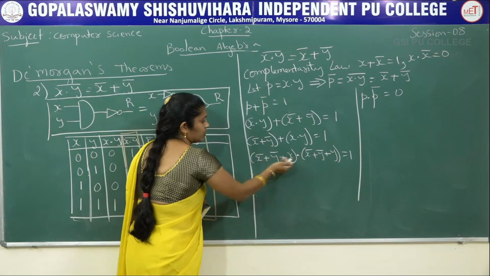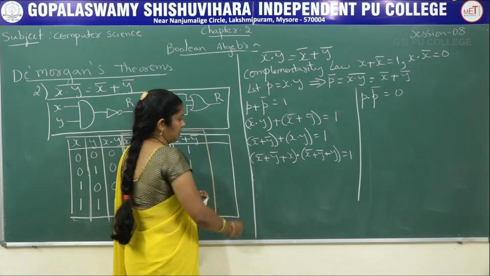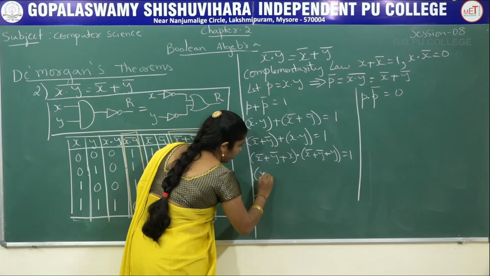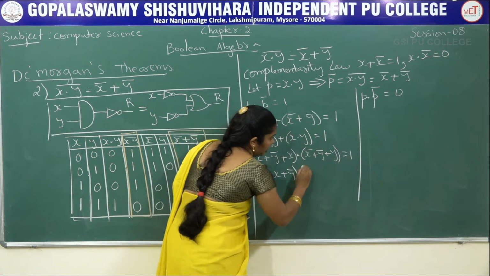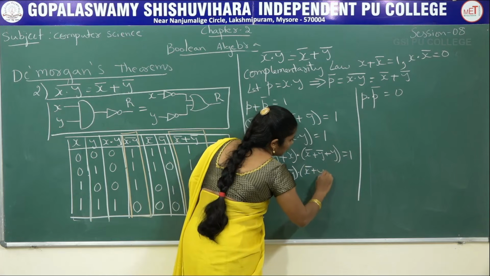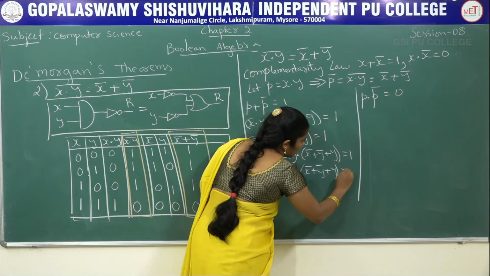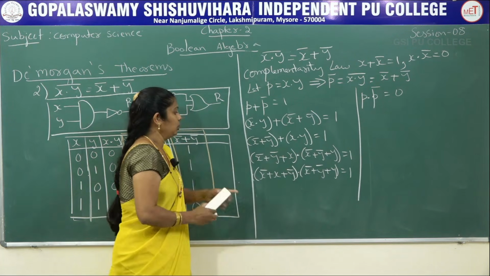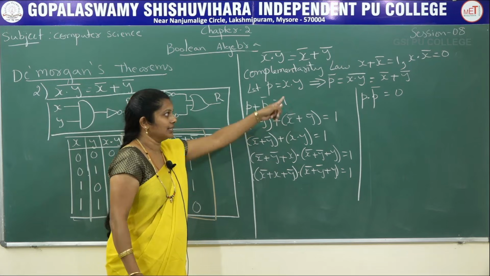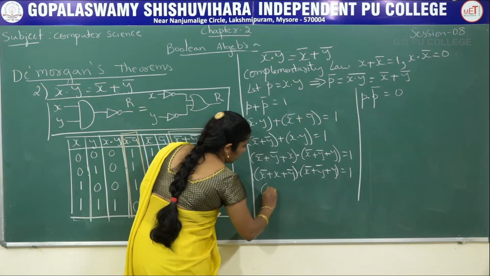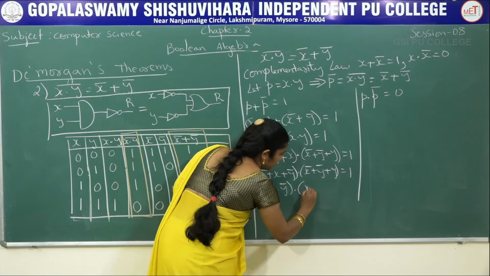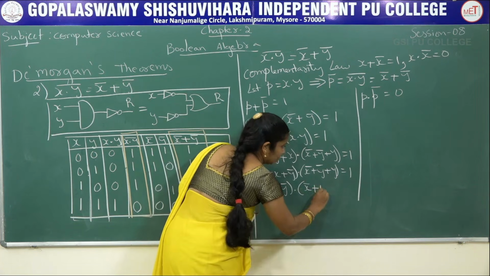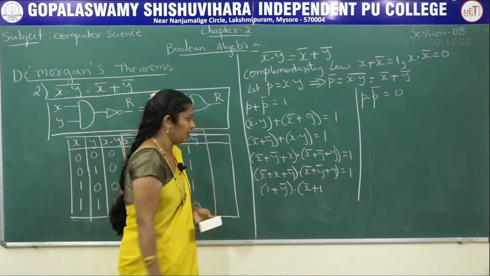For our convenience, we'll just reverse the position, x to the same place, x bar plus x plus y bar into x bar plus y bar plus y equals 1. Already we know that x bar plus x is nothing but 1 only. That is 1 plus y bar into here x bar plus 1, because y bar into y is nothing but 1 only.